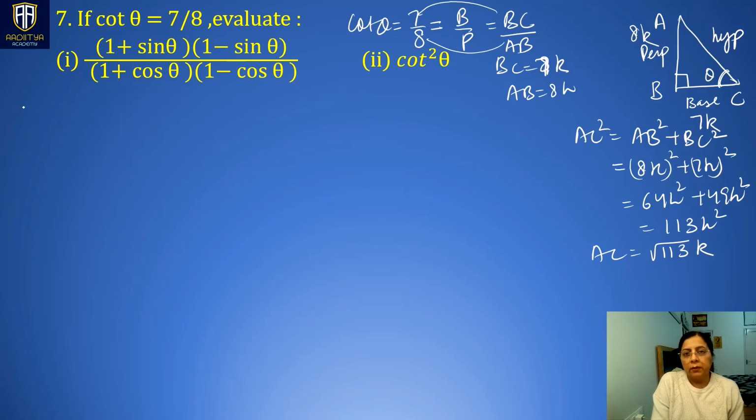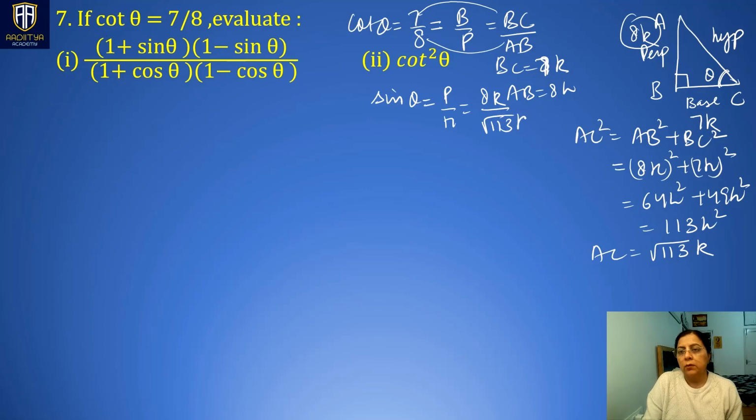Now we have to find, in the first case, the values of sine theta and cos theta. Sine theta is P upon H. What is P here? 8K. So 8K upon H, which is root 113 K. So sine theta becomes 8 over square root of 113.